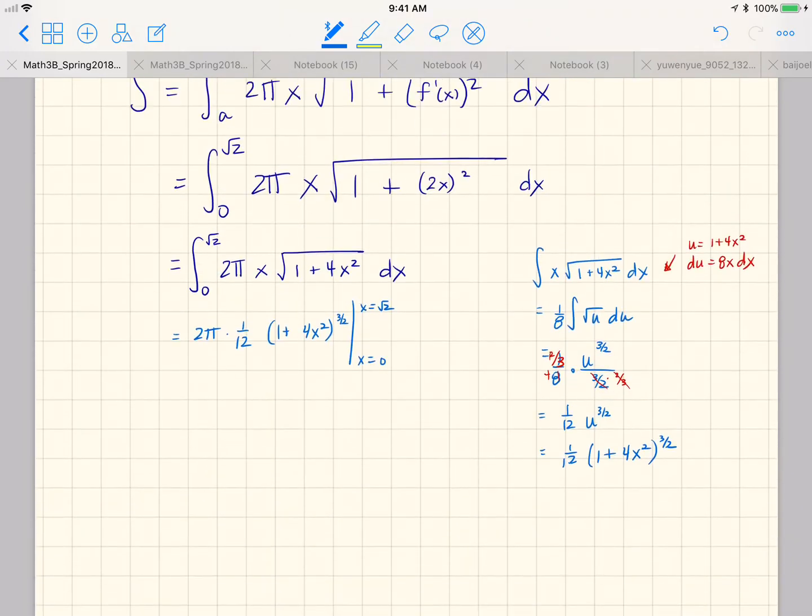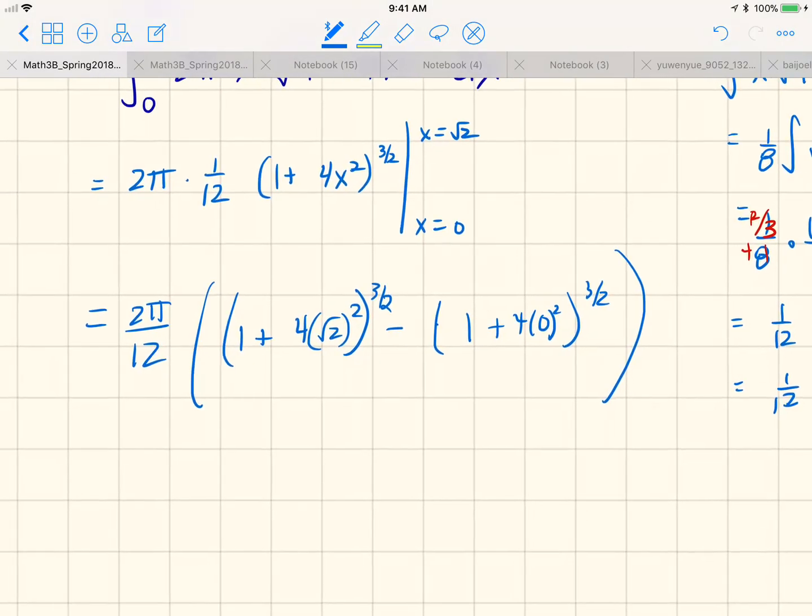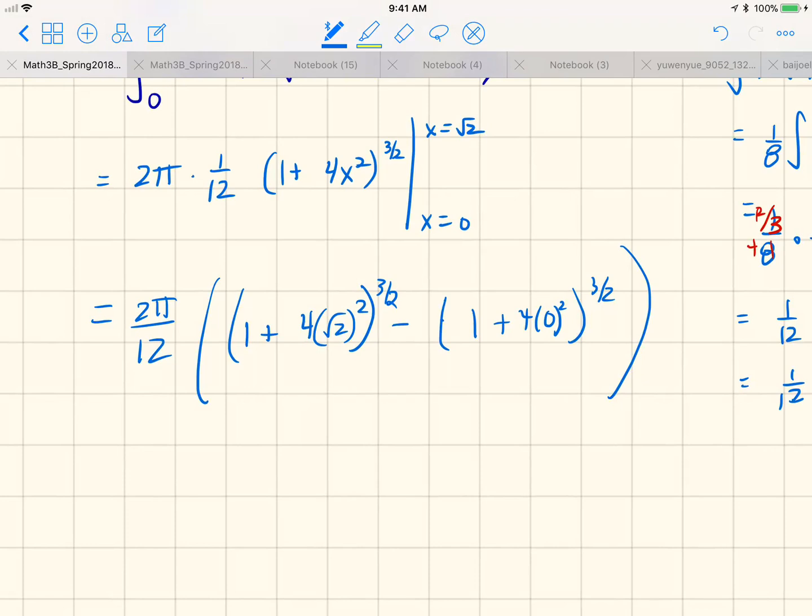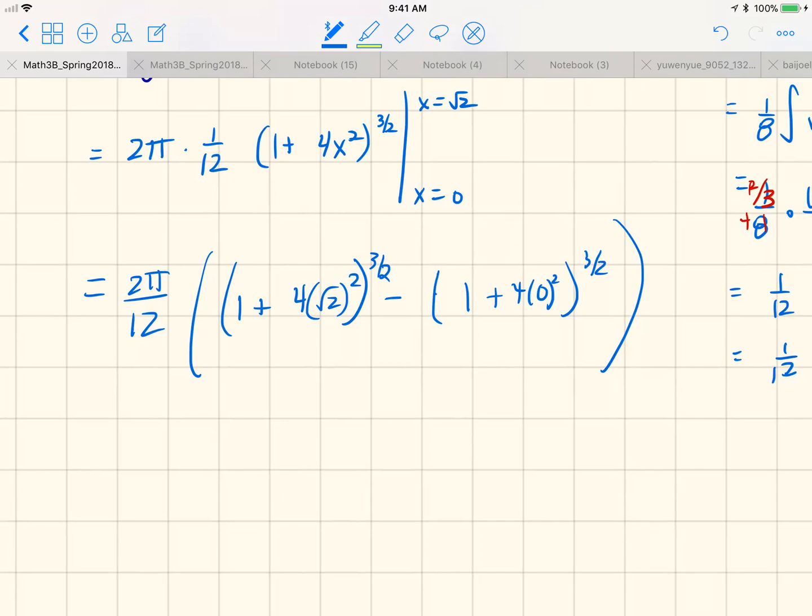So we'll have 2 pi over 12 times 1 plus 4 times the square root of 2 squared, all of that to the 3/2, minus 1 plus 4 times 0 squared to the 3/2. I'm just evaluating my antiderivative at the endpoints.